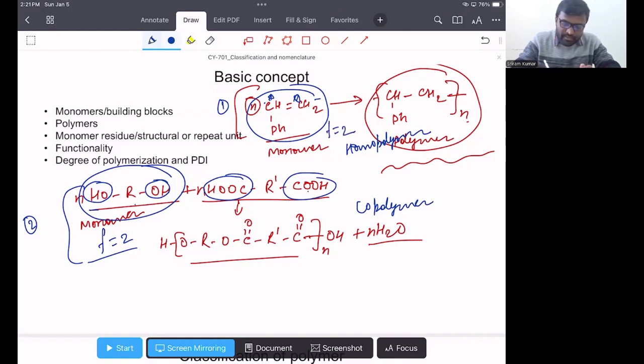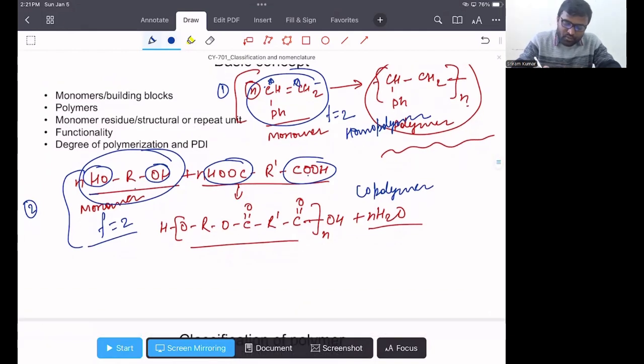This alcohol has functionality 2, and the diacid has functionality 2. The functionality is denoted with a small f, and based on the functionality, different kinds of polymer chain structures can form.